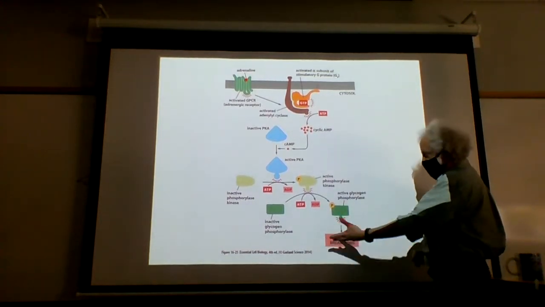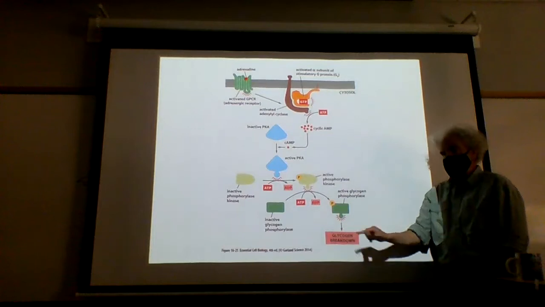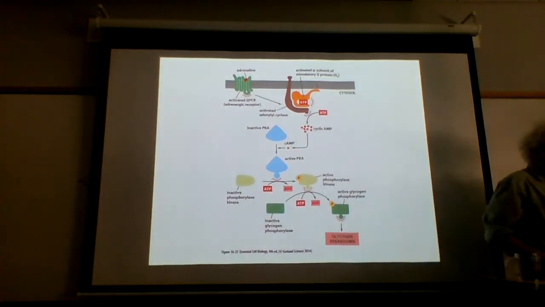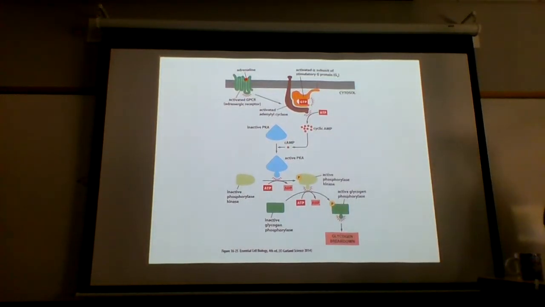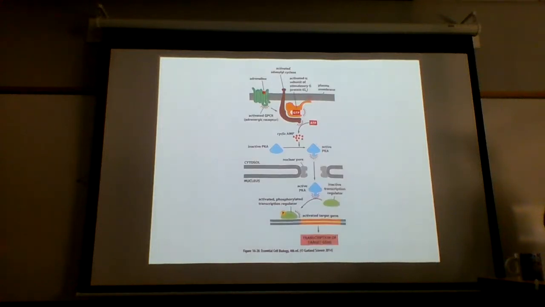And finally, glycogen phosphorylase does something. It begins the breakdown of glycogen. So lots of different interesting pathways going on here. And additionally, as we were talking about, that we can have cyclic AMP engaging in long-term effects. In this case, we've got PKA making its way into the nucleus and phosphorylating a transcription factor, like CREB.